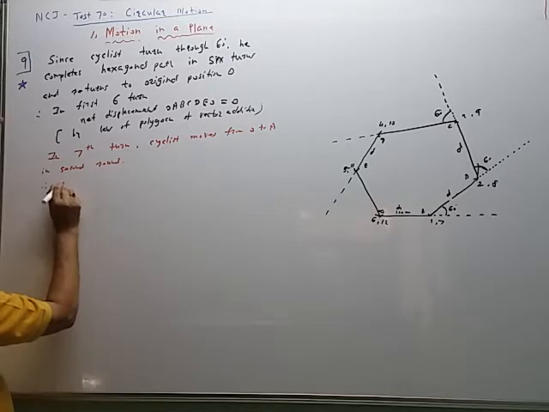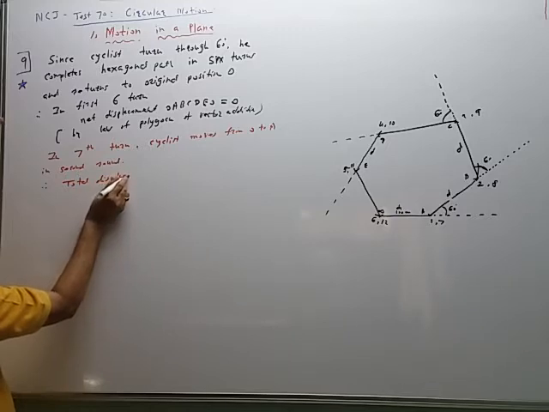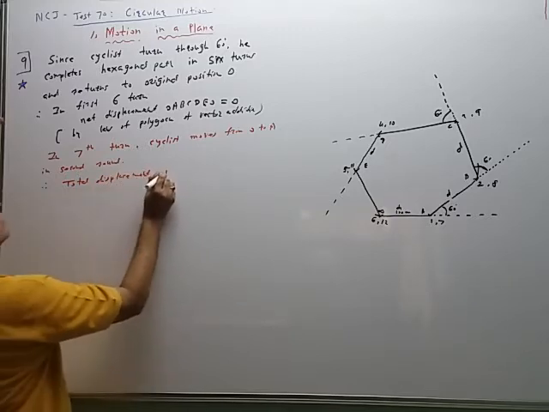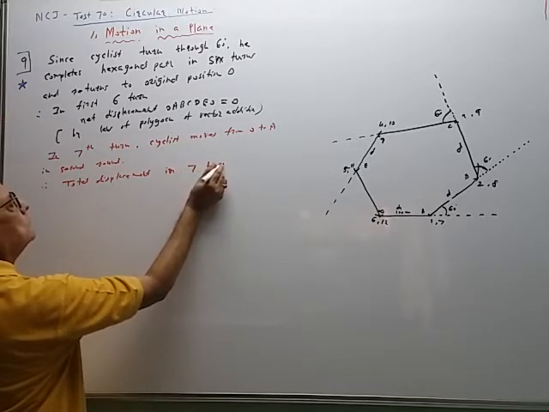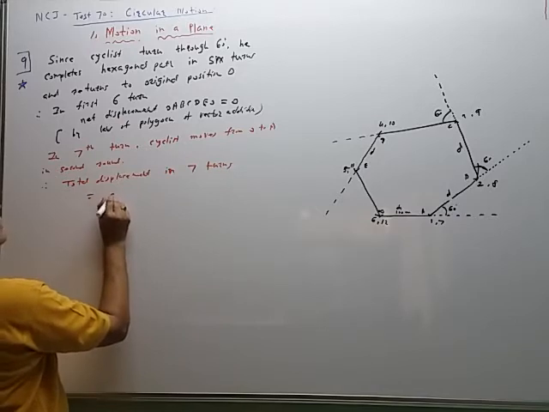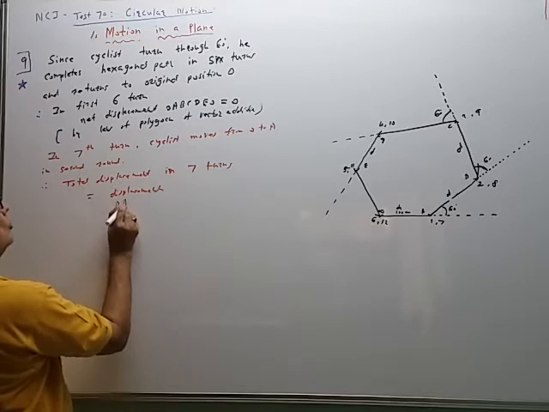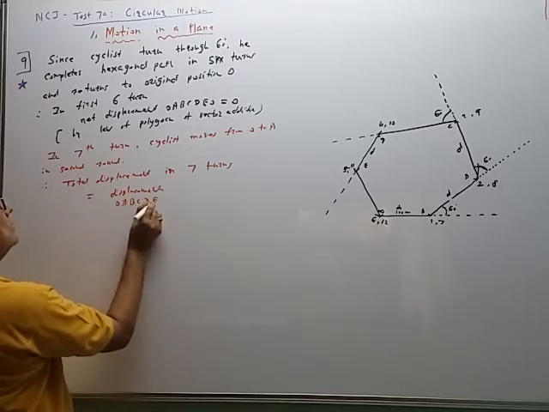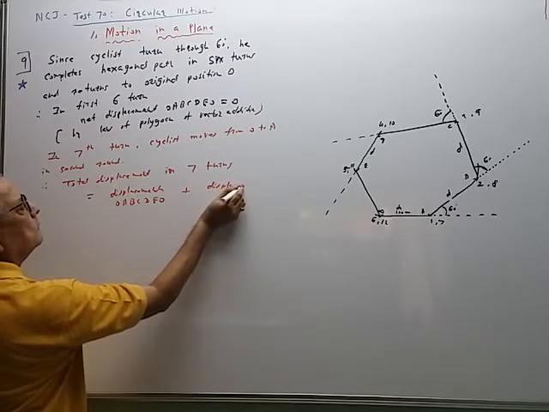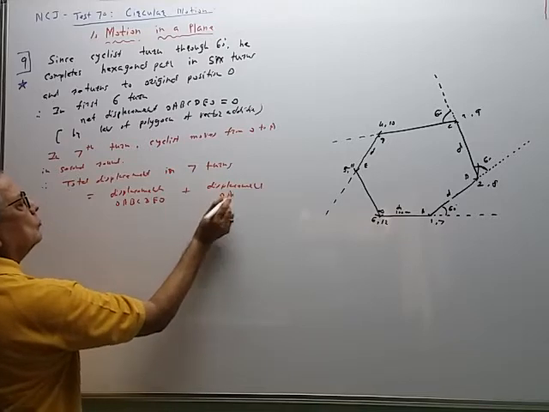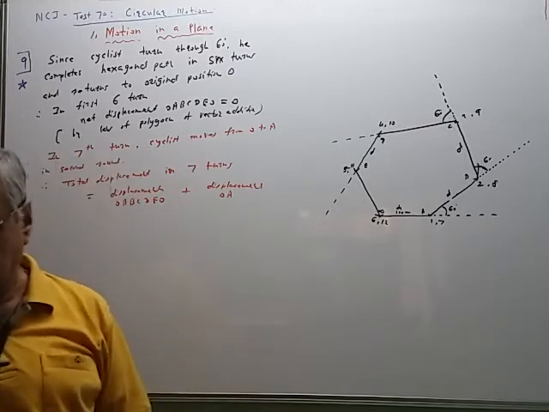Therefore, total displacement in 7 turns is equal to displacement O, A, B, C, D, E, O plus displacement OA. ही पहिल्या 6 टर्नमधली डिस्प्लेसमेंट ही 7व्या टर्नमधली डिस्प्लेसमेंट आहे.